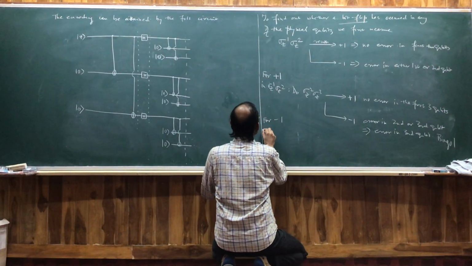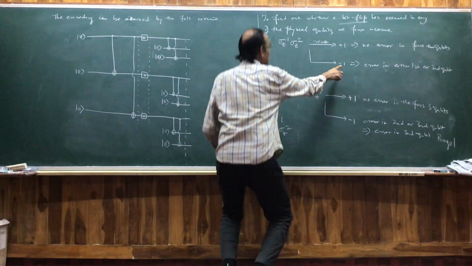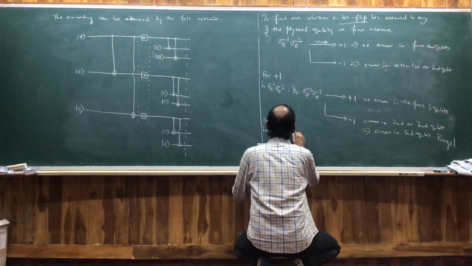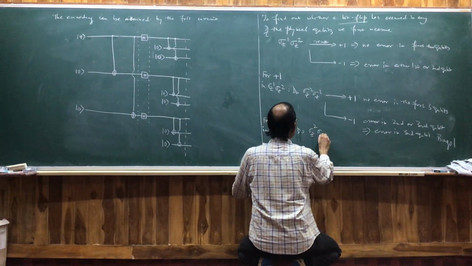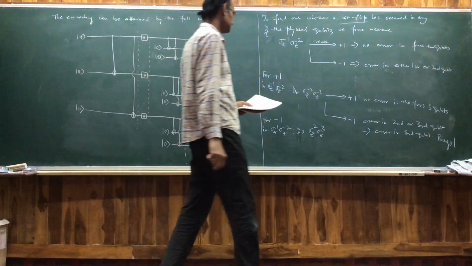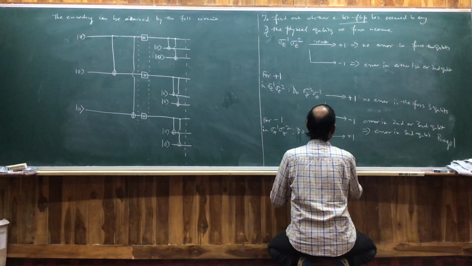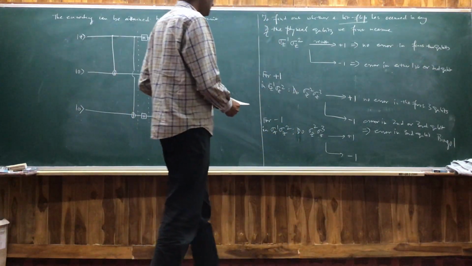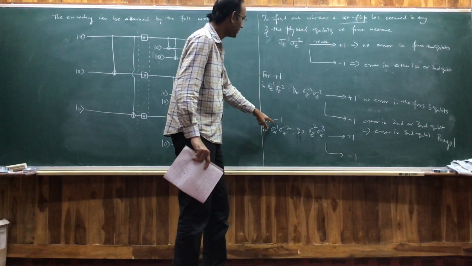For -1 in the 2, this option we had left. Do the same. The implications are different, but the measurement is the same. Again, the result is either +1 or -1. If the result is +1, we have come from -1, yes?